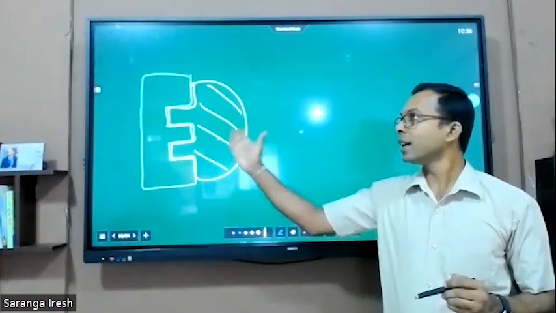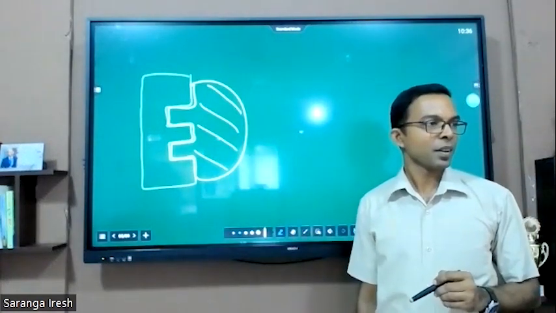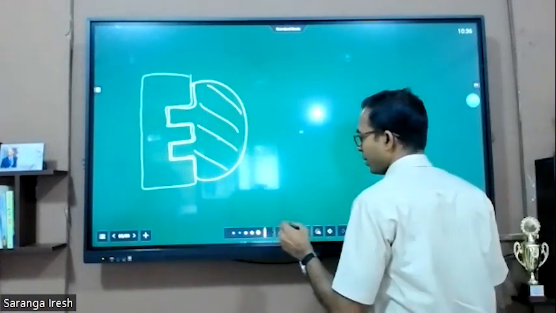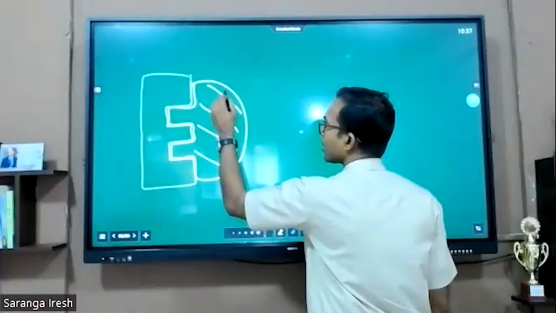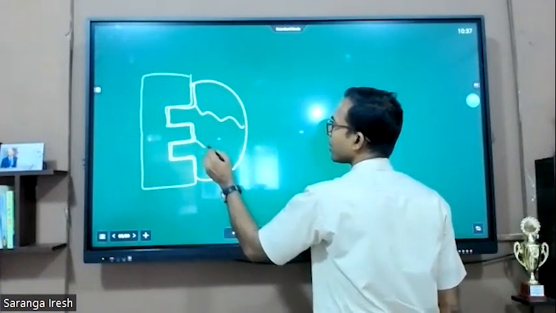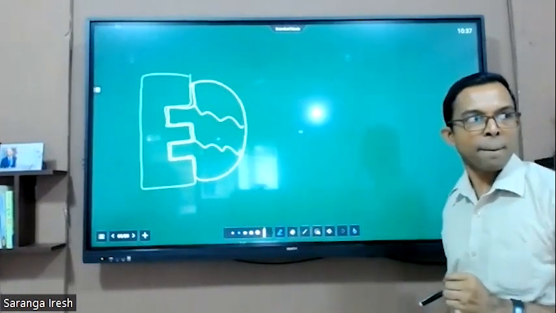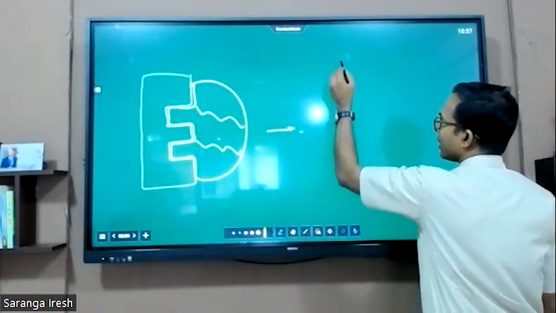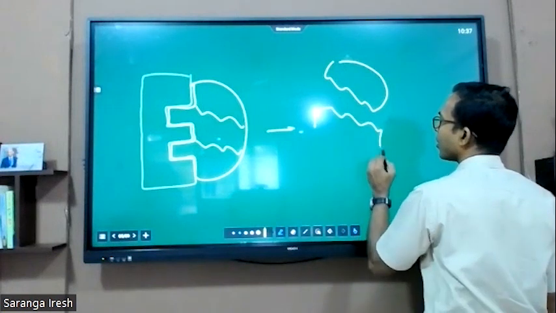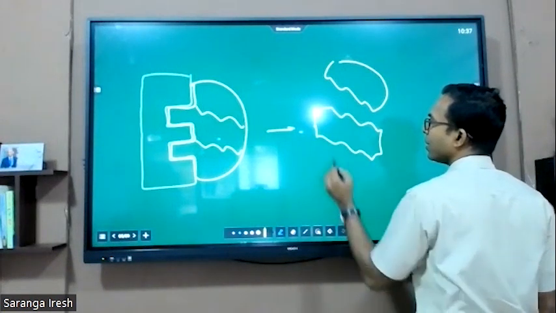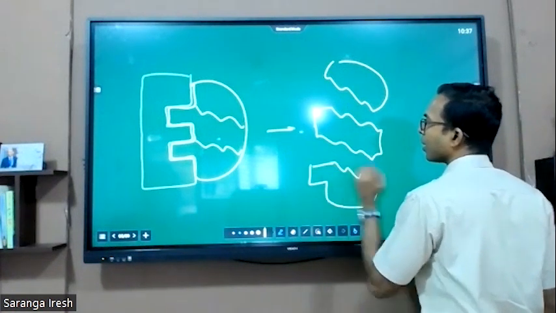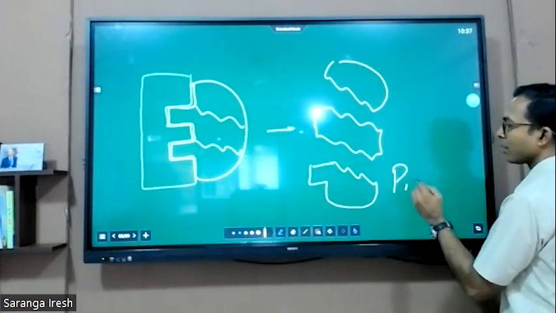This substrate breaks down into smaller molecules because of the reduction of the activation energy. It will break down into different components, and they will release. These are the products.